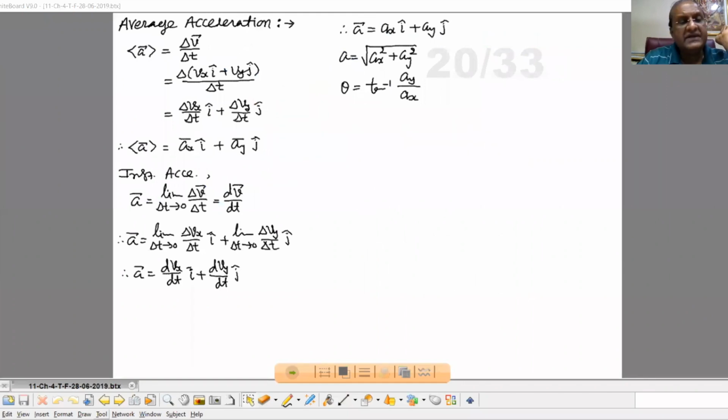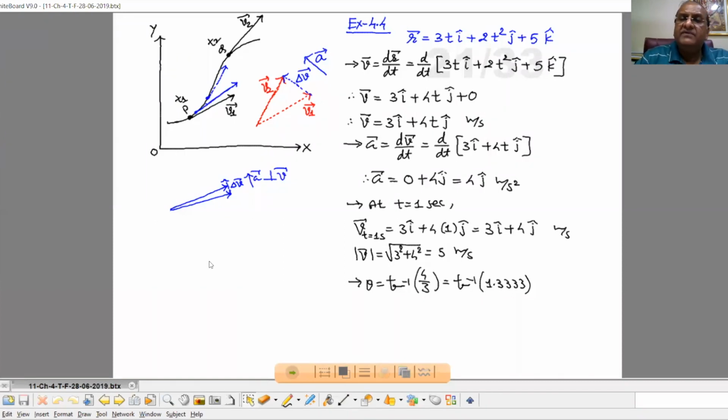Now in the previous theory we already discussed this: if any particle is moving on a curved path, then at any point its instantaneous velocity is in the tangential direction. Suppose we consider a particle moving on this particular curved path.